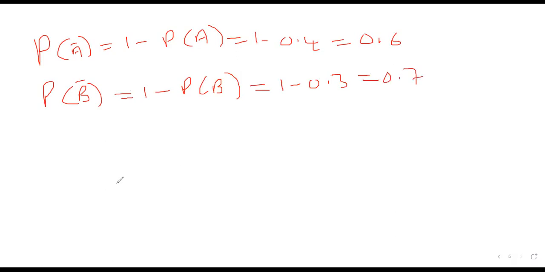And now we're asked to calculate the probability of B given A. Who can expand this for us? Who remembers the explanation, the expansion using Bayes' theorem? So let's go together. What goes down? Probability of what?